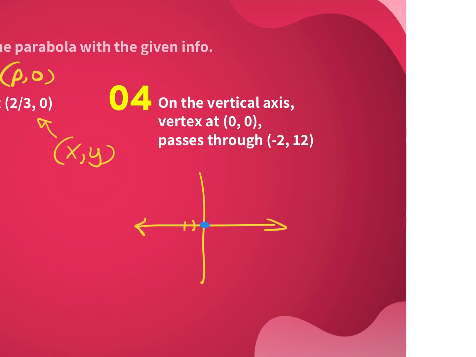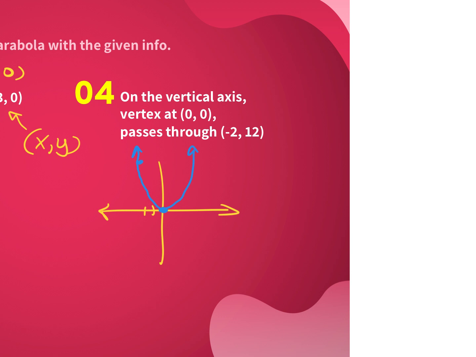So I'm just going to say negative 2, 12. So I'm going to say it's up here. If I connect this, I can see that my parabola is going to look like this. So this tells me I'm going to use the x squared variable. So I'm going to be doing x squared equals 4py.